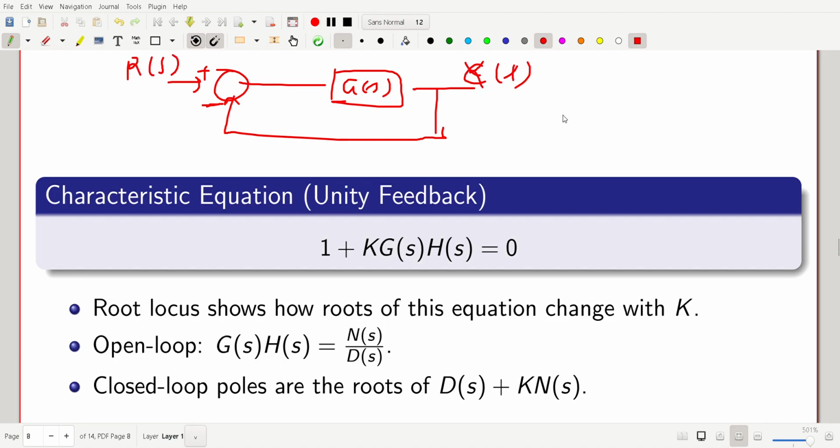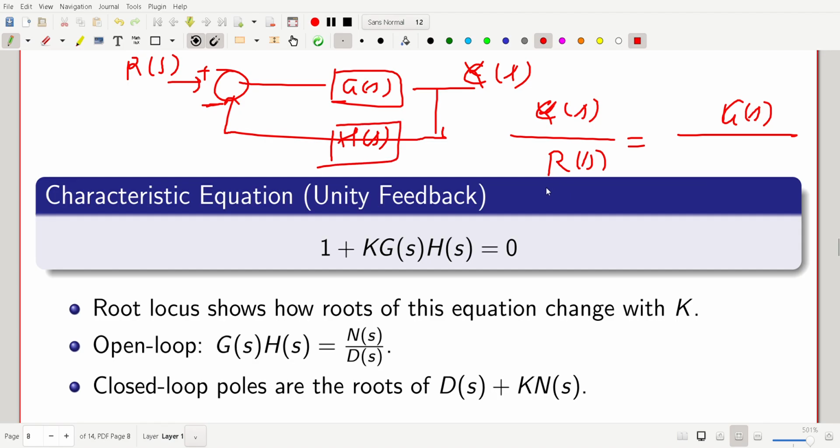Here the closed loop transfer function C(s)/R(s) comes out to be G(s) over 1 plus G(s)H(s). You can put H(s) also; if you put unity feedback, H(s) here is 1.